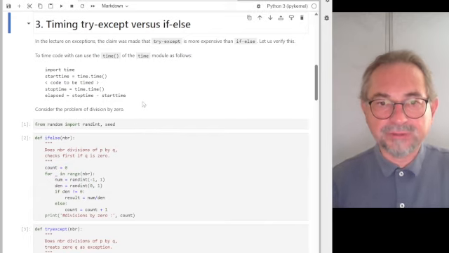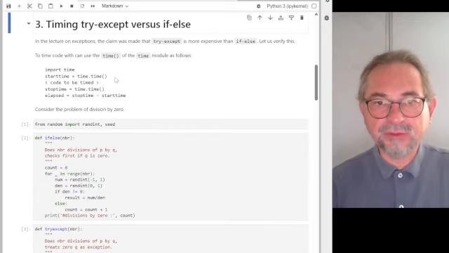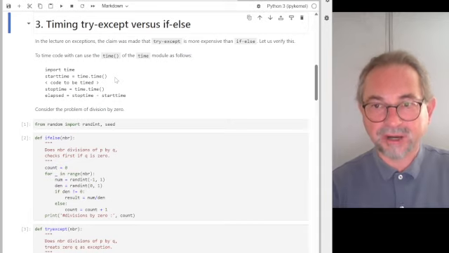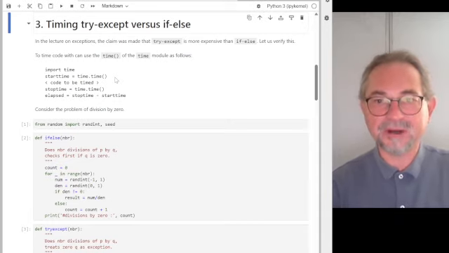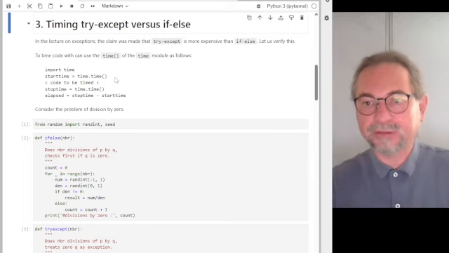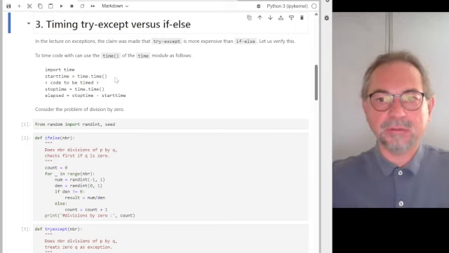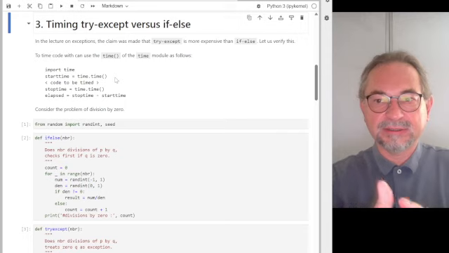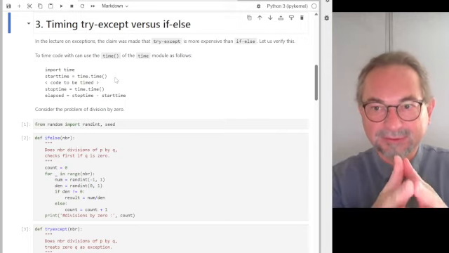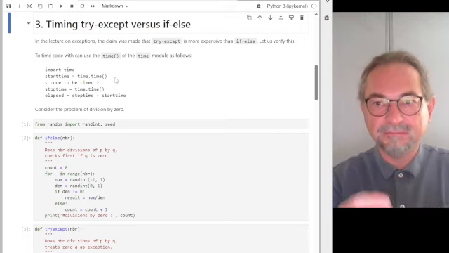The important thing for timing is that we can use the time function of the time module that gives us a floating point number. That is a count that measures the system clock time.